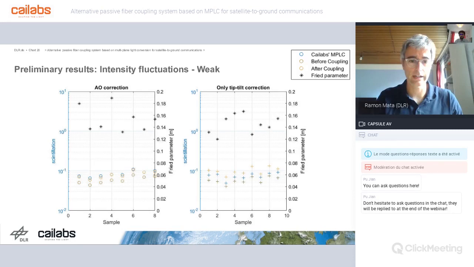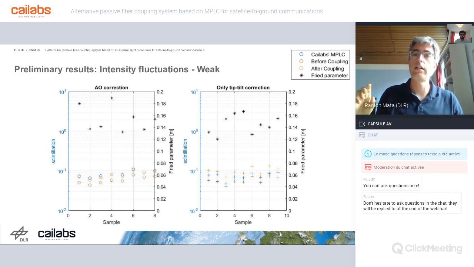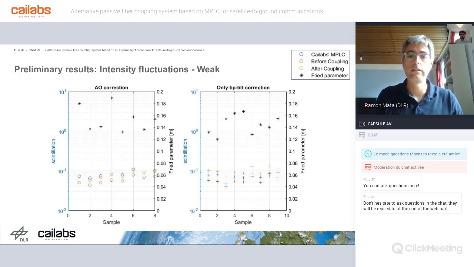Then we have the blue circles, which is the Cailabs MPLC performance, so the fluctuations of the digitally combined signal after the Cailabs MPLC. So combining all these 10 inputs of the single mode fibers digitally. So we had this measurement of the scintillation of these normalized variance of the signal. This is the blue circles and the blue crosses.